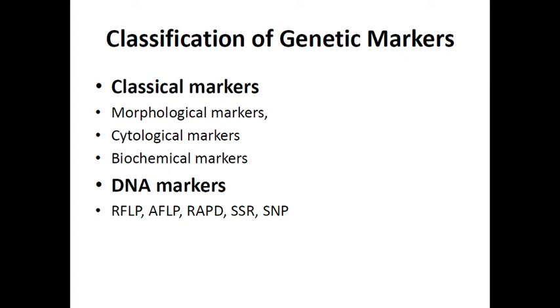Cytological markers are like the presence of B chromosomes. Biochemical markers are like the production of specific chemicals, like vincristine and vinblastine in Catharanthus roseus, and the presence of opium, morphine, and caffeine. These substances are secondary metabolites and also act as biochemical markers.